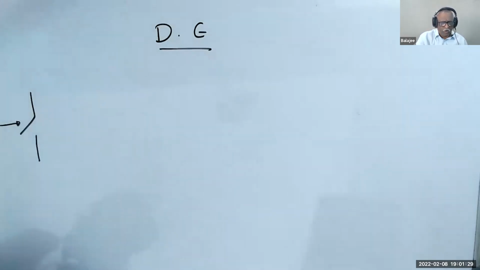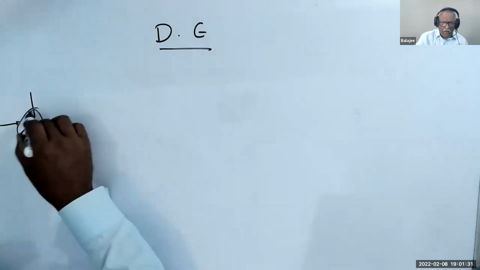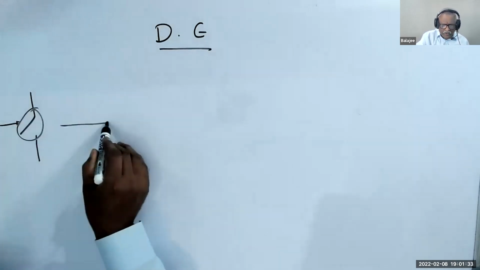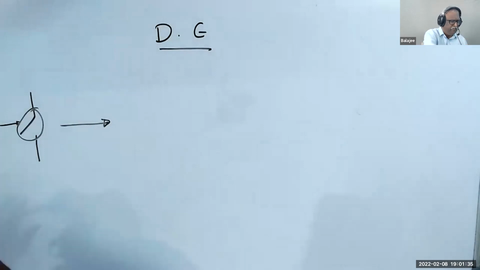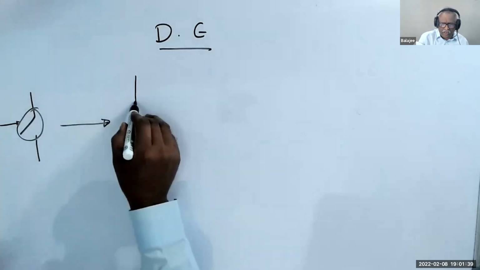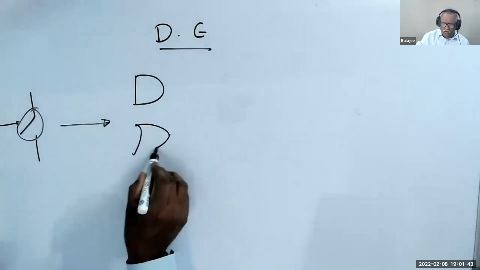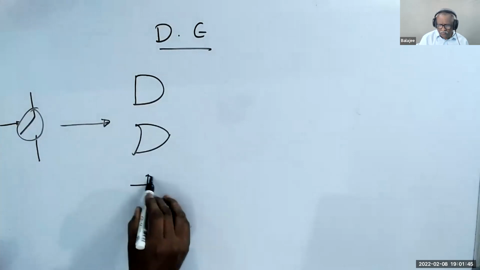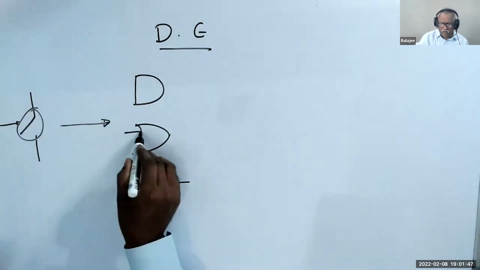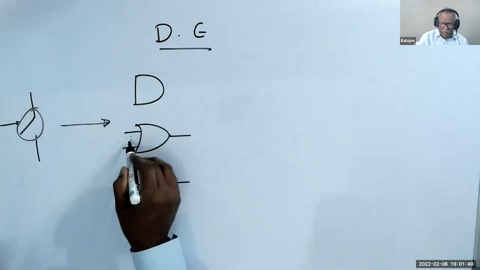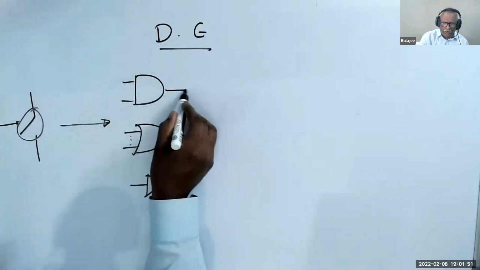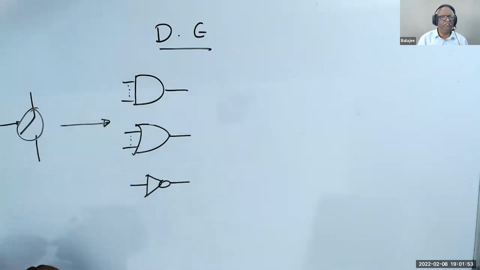That's it. From the switch we derived three logic gates: AND, OR, NOT. It can be any number of inputs, not only two. Normally we draw two, but it can be any number.